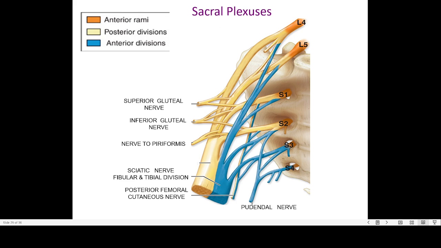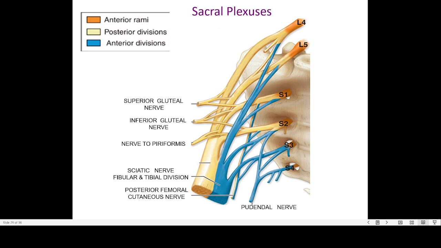The main important nerve in this sacral plexus is the sciatic nerve. This sciatic nerve is formed by both the anterior and posterior divisions.